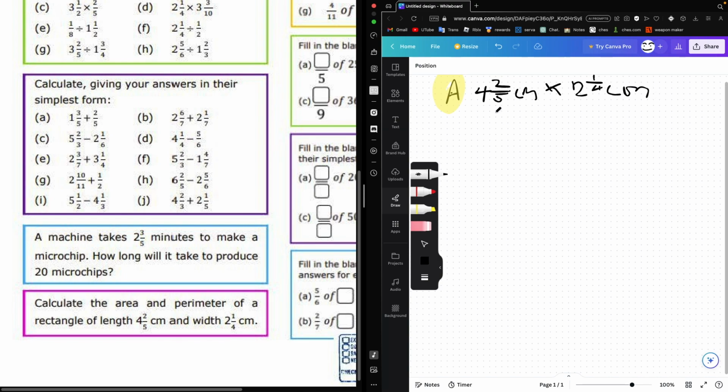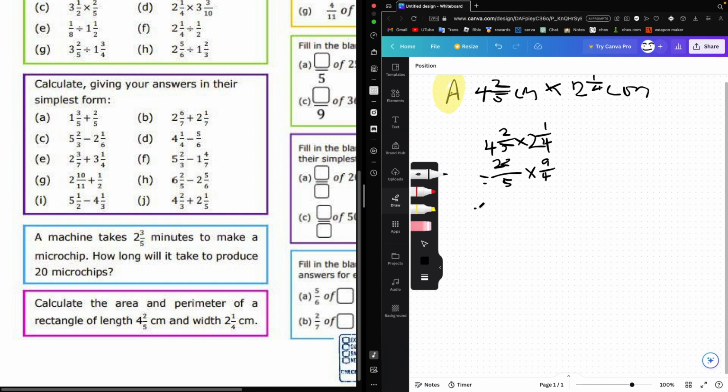Okay, now we do the same thing. Let's imagine the cm just disappears. Okay, the cm is no longer there, guys. Now we just do 4 and 2 over 5 times 2 and 1 over 4, which equals, make improper first. So 4 times 5, 20 plus 2, 22. 22 over 5 times 2 times 4, 8, 8 plus 1, 9 over 4.